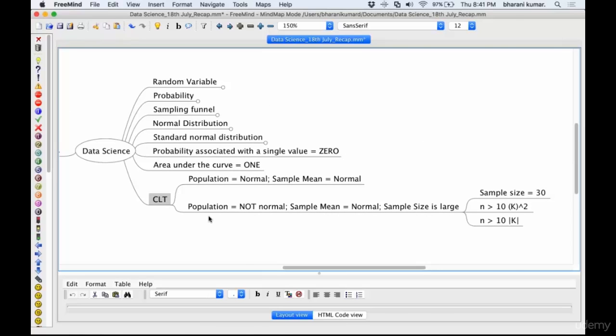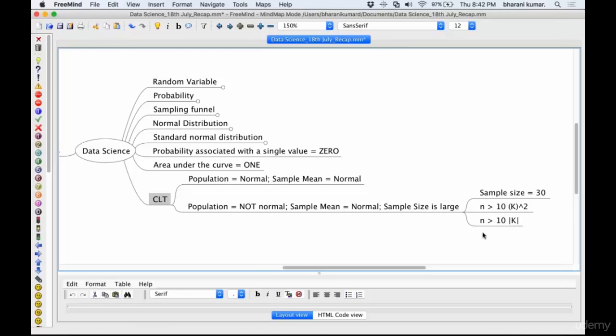However, if your population does not follow normal distribution, your sample mean would still follow normal distribution, provided the sample size is large. What do you mean by that? Sample size should be at least 30, that's the thumb rule. And for these 30 data points, calculate the skewness. And n should be greater than 10 times skewness square.